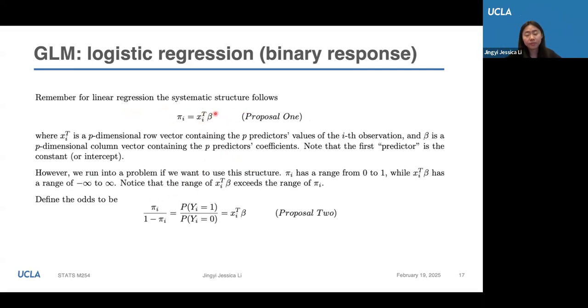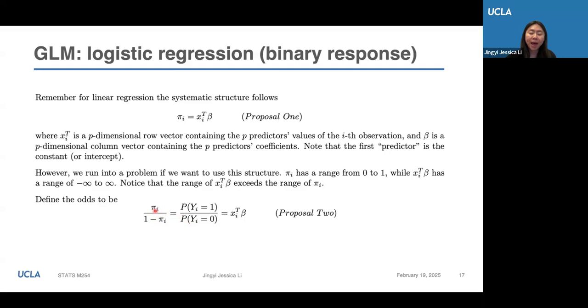So what do we do? There is a sequence of thoughts to help us match the two sides. The first thought is to convert pi I to something we call the odds ratio. The odds ratio is the probability of getting 1 over the probability of getting 0. So if we have pi I divided by 1 minus pi I, then the range will go from 0 to positive infinity.